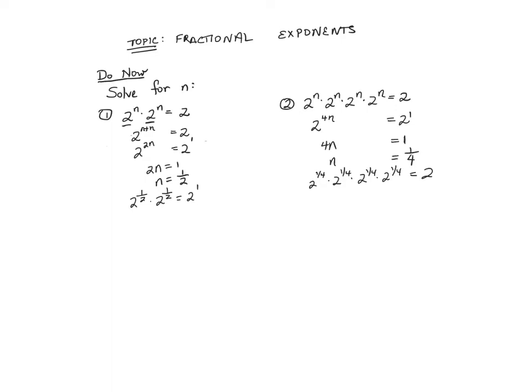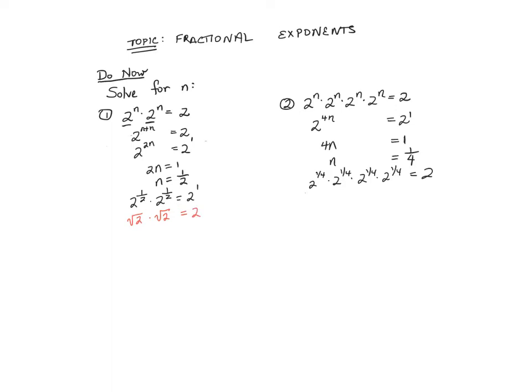Well, in the first one, let's take a look at that. If we rewrite 2 to the 1/2 in radical form, we could write it as the square root of 2 times the square root of 2, which we know is 2.